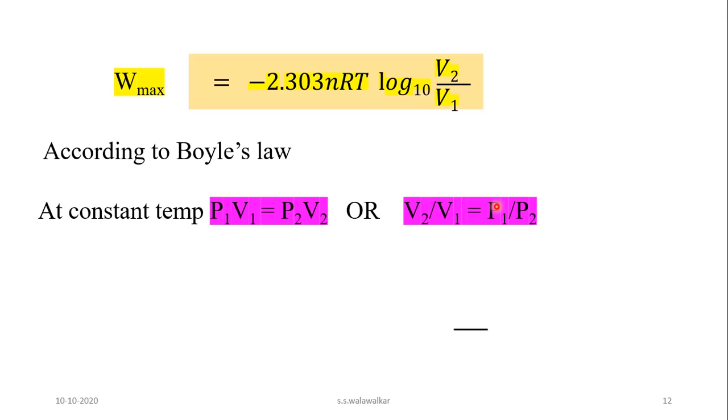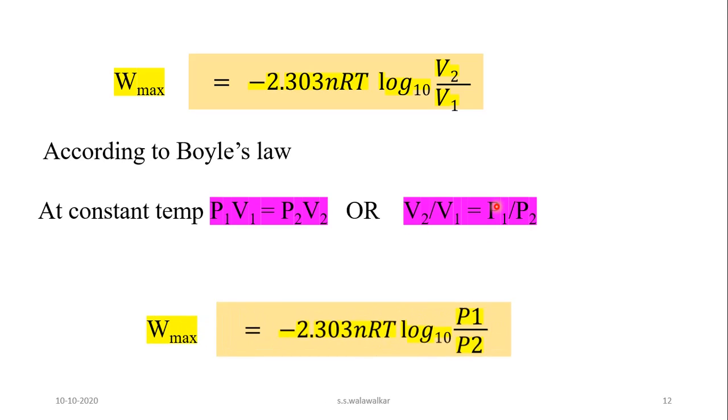So if you substitute this value in the above equation, you get w max, that is maximum work, is equal to minus 2.303 nRT log to the base 10 P1 upon P2. Both these are expressions for the maximum work obtained in an isothermal and reversible expansion process.